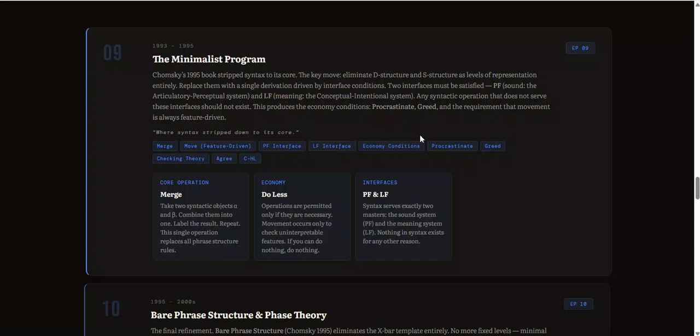Any syntactic operation that does not serve these interfaces should not exist. This produces the economy conditions, procrastinate, greed, and the requirement that movement is always feature-driven. This is where syntax is stripped down to its core, consisting of concepts like Merge, Move, PF, LF, economy conditions, procrastinate, greed.